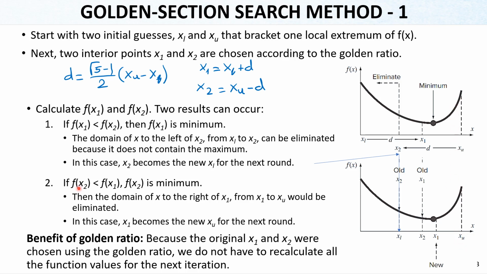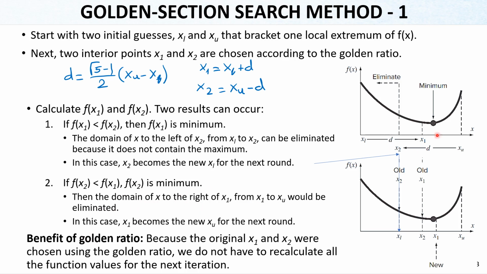In the other scenario, if fx2 is smaller than fx1, this is the opposite of this, then fx2 is minimum. In that case, we will just eliminate the other part, because then the domain of x to the right of x1, from x1 to xu, will be eliminated because fx2 is minimum.